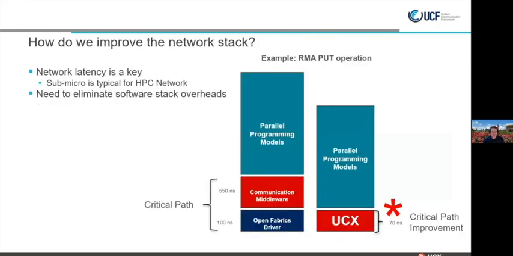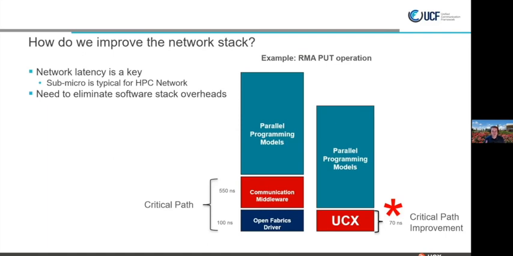So just as an example, if we're trying to optimize the latency for, say, an RMA put operation in a traditional implementation, we might have something like a standard vendor-provided OpenFabrics driver that might be anywhere from 100 to a few hundred nanoseconds, and then we have this vague amorphous piece, the communication middleware.